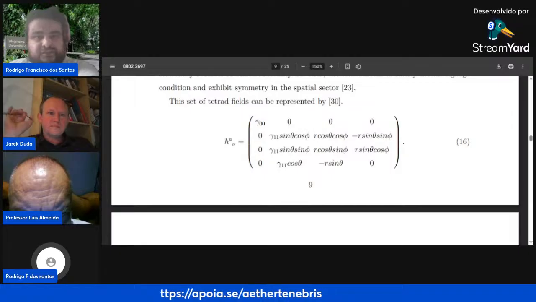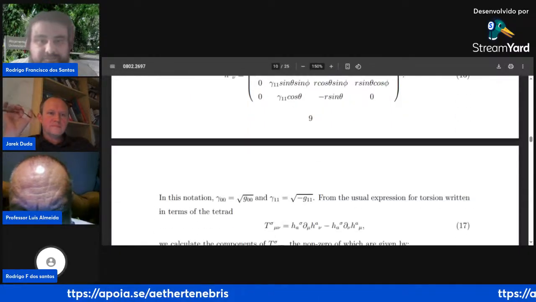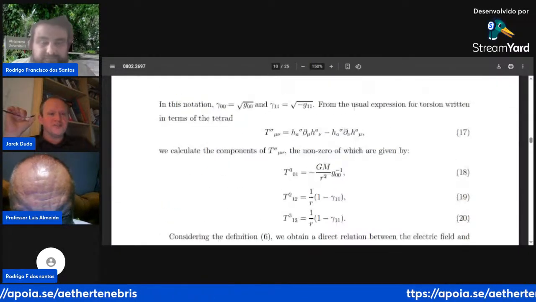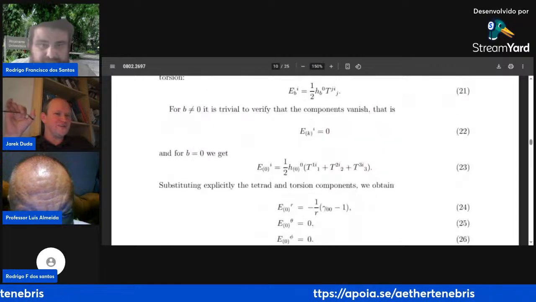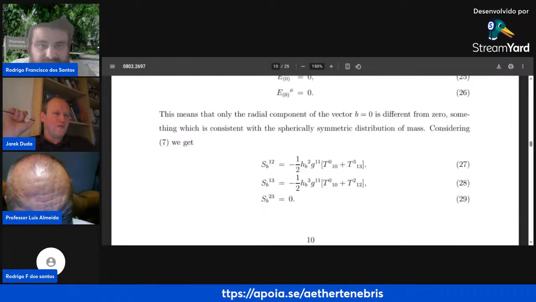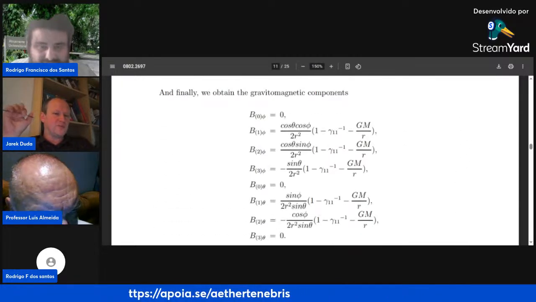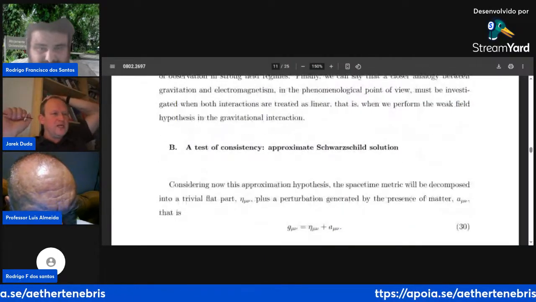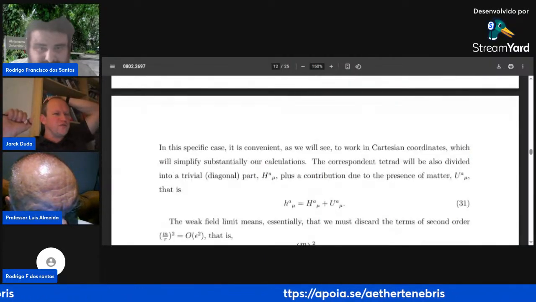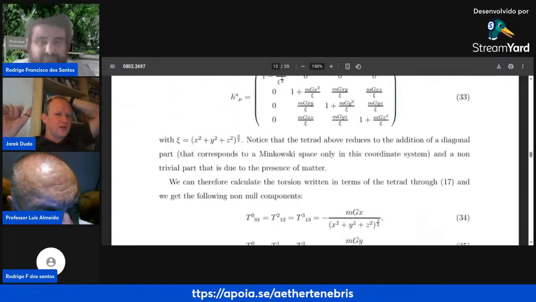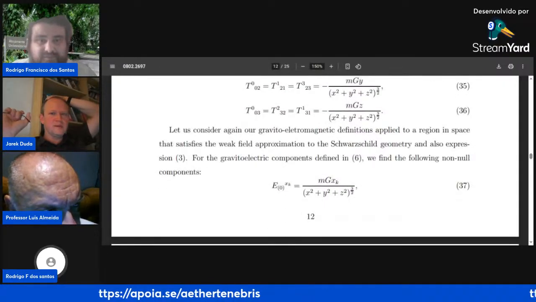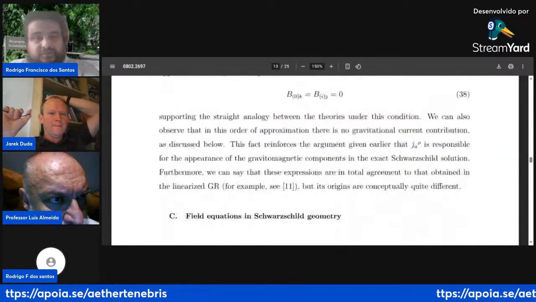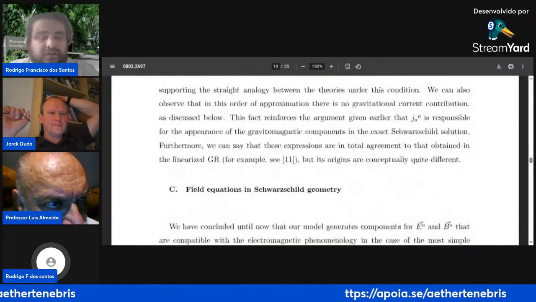The tetrad fields. So Schwarzschild is the hedgehog for gravity, yes, in space of my time axis. So your configuration of teleparallelism, one axis is a hedgehog for a black hole. Do you know your work?